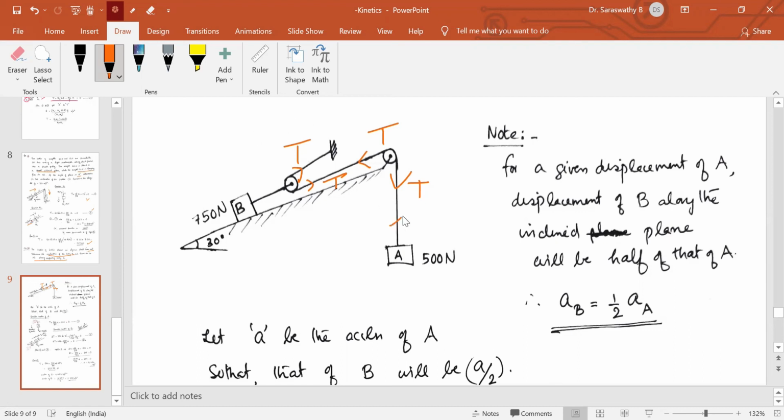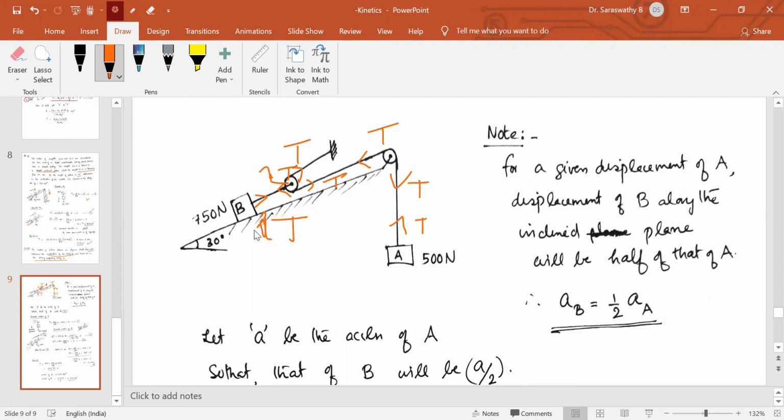This will be subjected to a force T only. Whereas this body will be subjected to tension in these two ropes put together. There will be a total reaction. Here, if this is T, this is T, there will be a total reaction at this end, T plus T is equal to 2T here. And so the tension in this rope attached to B will be 2T.